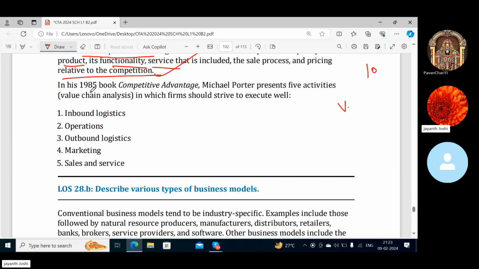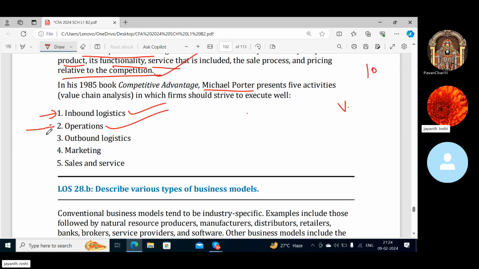So in 1985, the book written by Michael Porter gives 5 activities in value chain analysis: inbound logistics, that is inside the company, how the product passes through different stages from production to going out in the market. Then operations. If all this is intact, that can create value, because everywhere, if this is intact, you save some bucks.